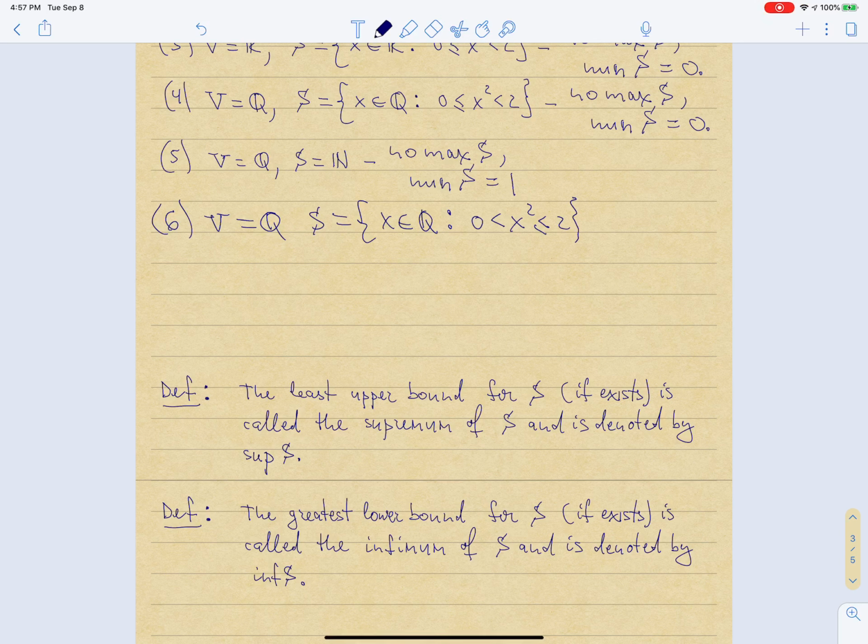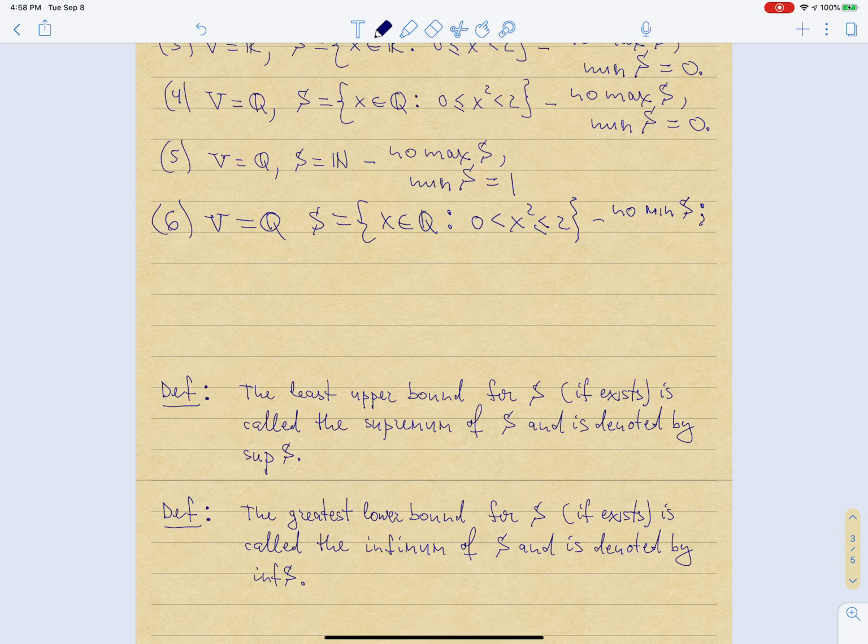Okay, so in this case, the smallest number would have been 0, but 0 is not an element of the set, so there is no smallest element of the set, so no minimum of S, but certainly there are lower bounds, right? Because 0 is not a minimum, but it is a lower bound, because 0 is below all terms in S.